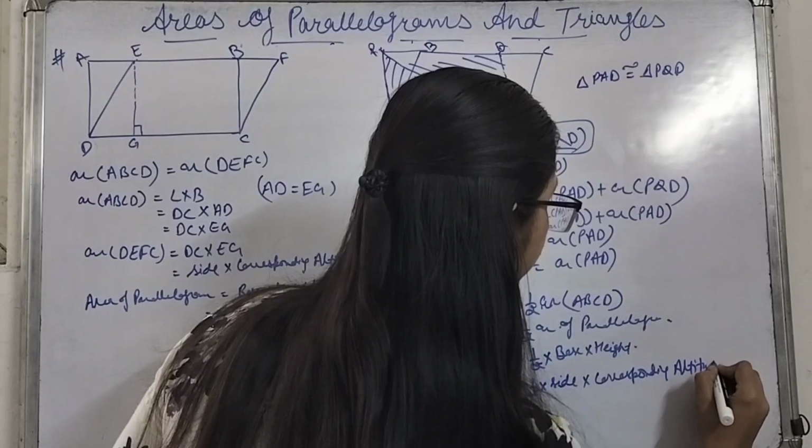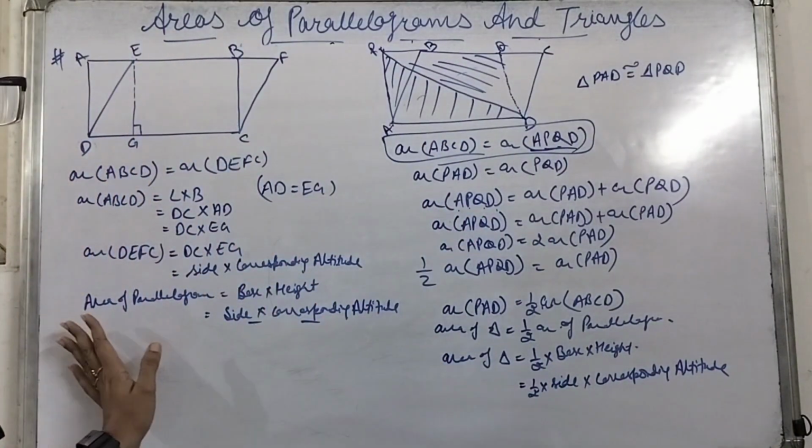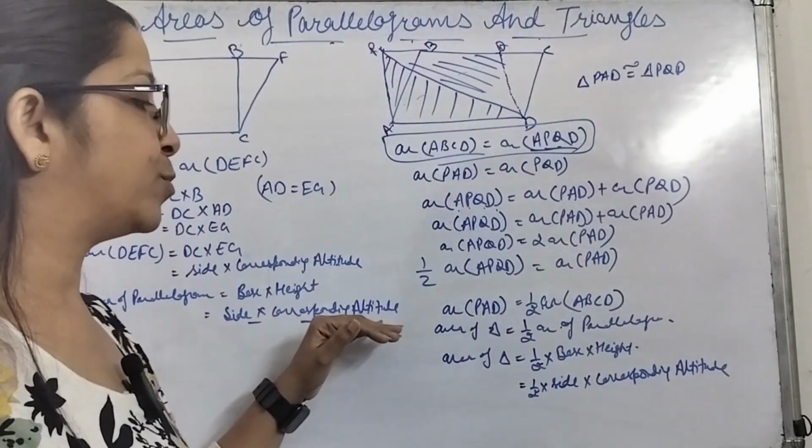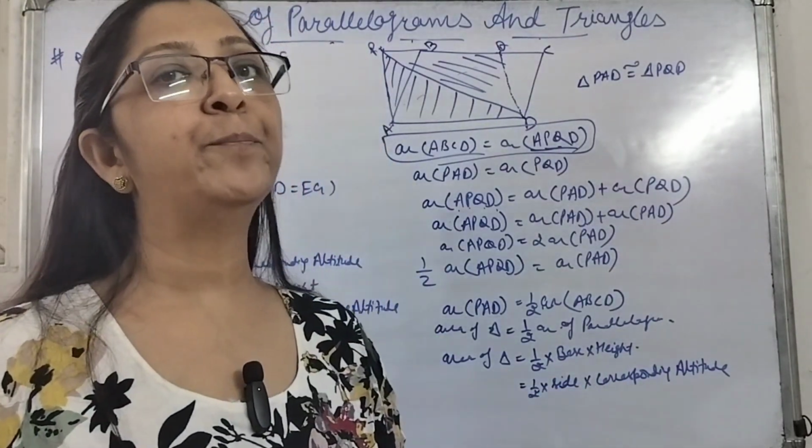That will be the area of your triangle. This is how we can find that area of parallelogram is side into corresponding altitude and area of triangle is half into side into corresponding altitude.